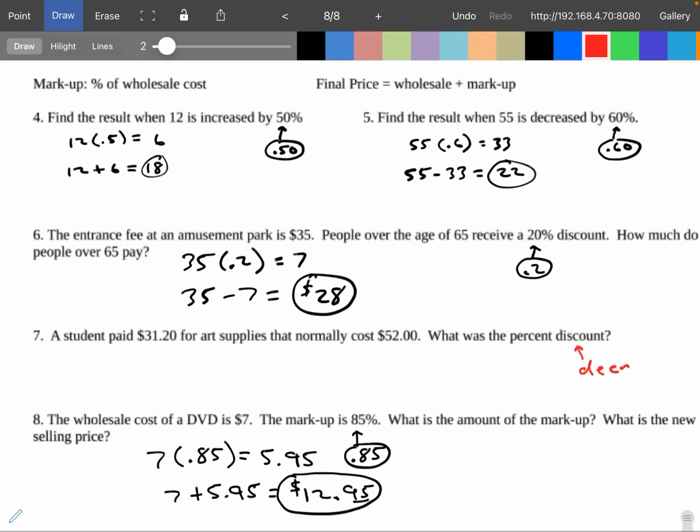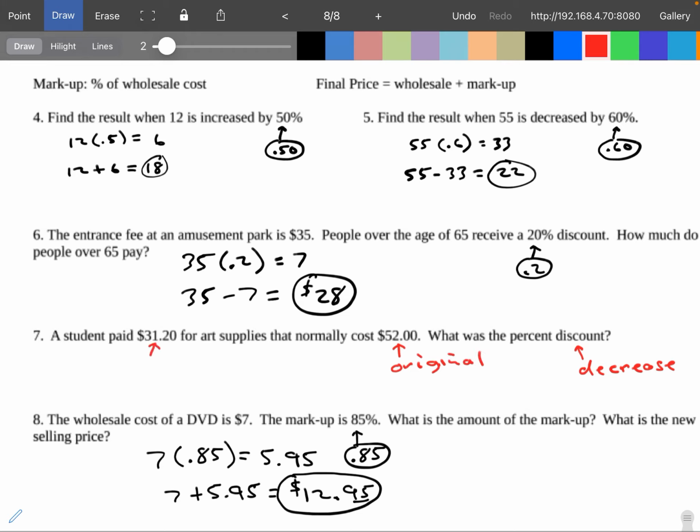So really, this right here is the same thing as the word decrease. So really, this is the same as the first 3 problems that we did. It just doesn't say from $52 to $31.20 like the first 3 did, but that's all it really is.